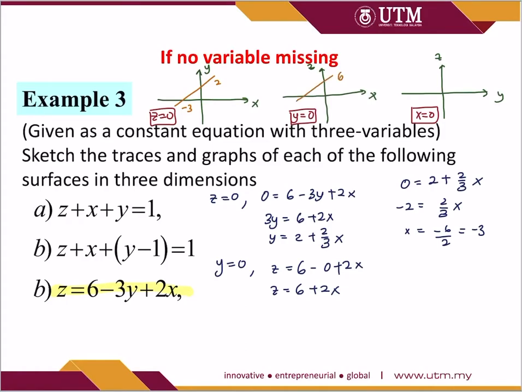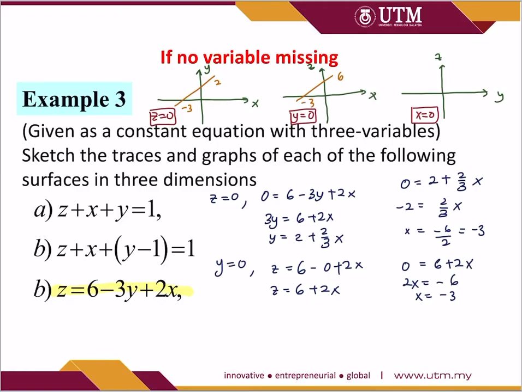We want to know the intersection at the x-axis, so we substitute the value of 0 for z: 0 equals 6 plus 2x, so 2x is equal to minus 6, x equal to minus 3. Again, it is negative, so it will be negative 3 here.